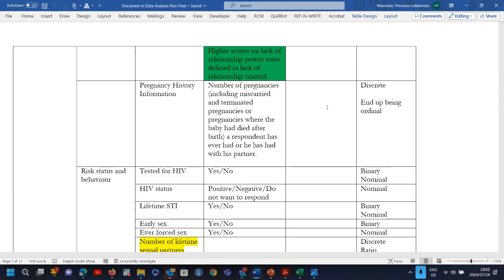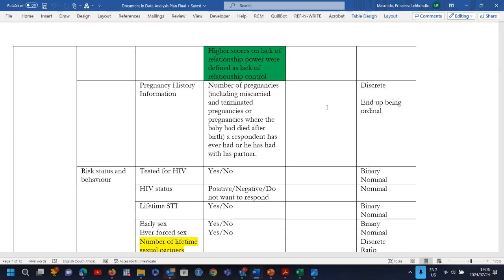So even though they are giving you a number, you might end up having to categorize, where you have 0, a category for those who indicated 0. You have 1 for those who said 1, 2 for those who said 2. Maybe anything 3 and above, you put together. So you end up having 4 categories, which now is ordinal.